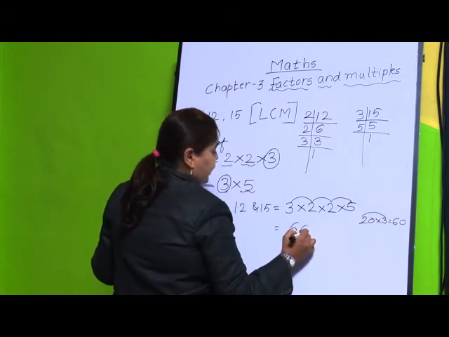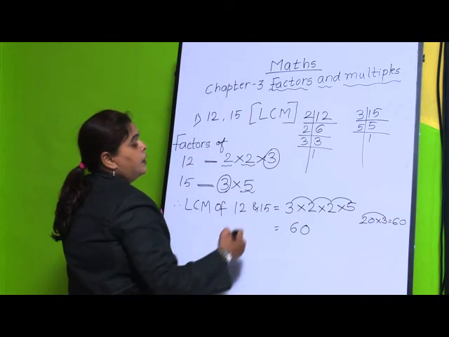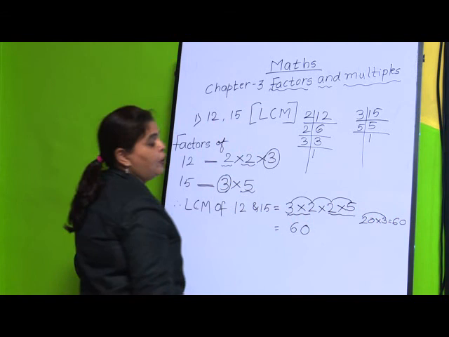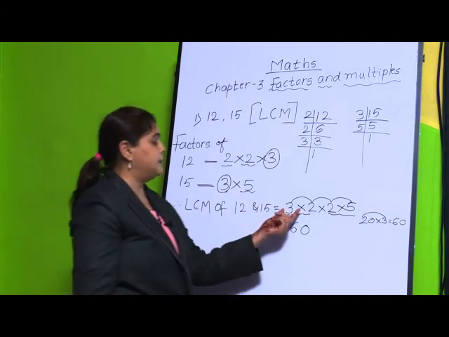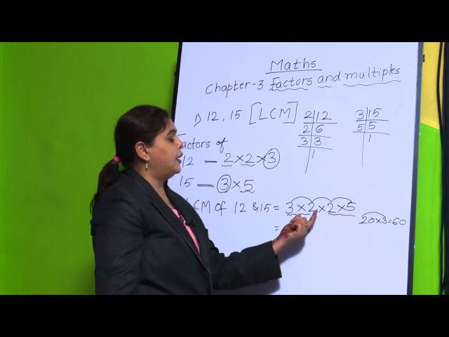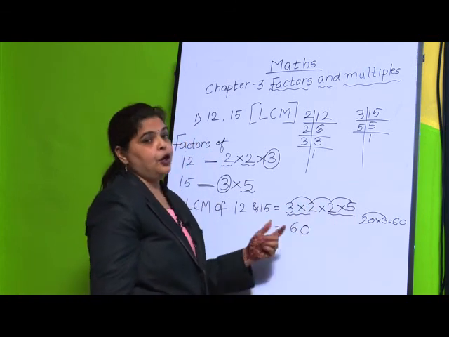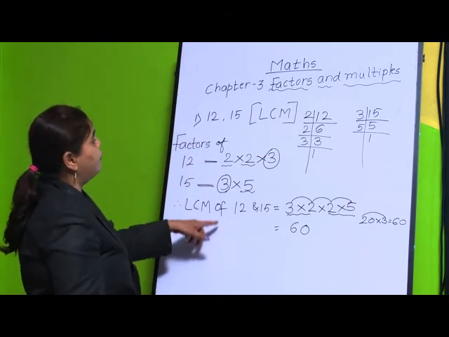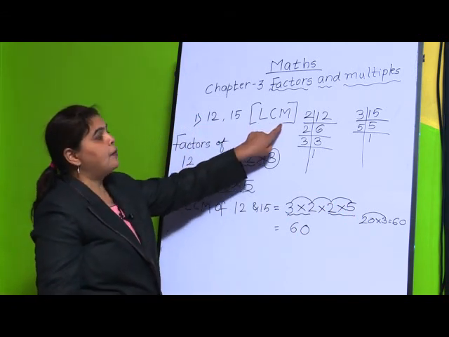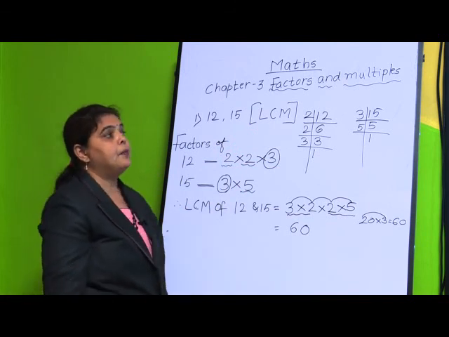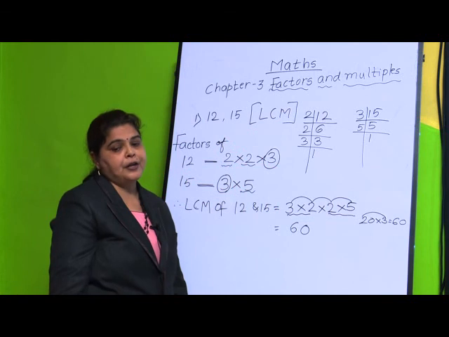You can write here 60. If you want to multiply, you can do the pairing of these: 3 2s are 6 and 5 2s are 10. Then you can write 6 10s are 60. Both answers will be the same. So what have we found out? The least common multiple by the prime factorization method.